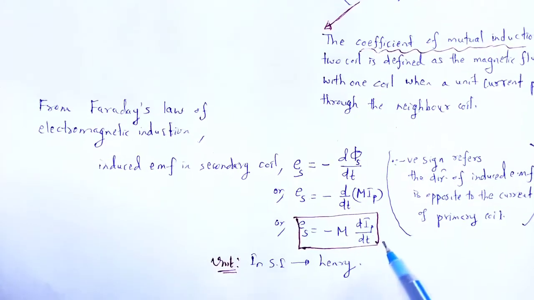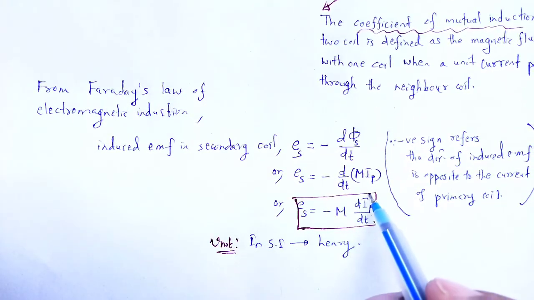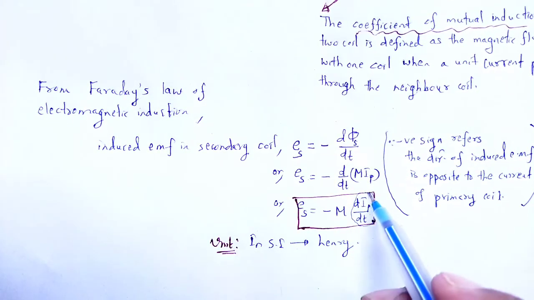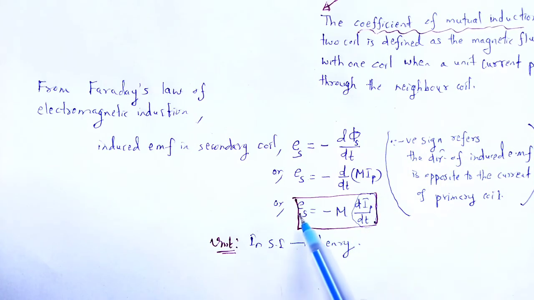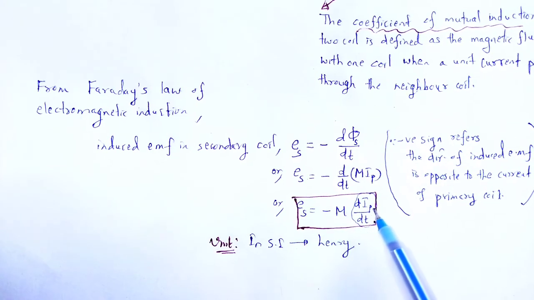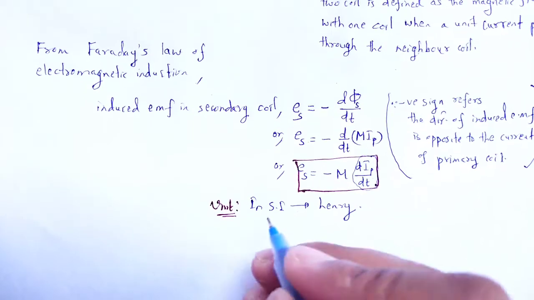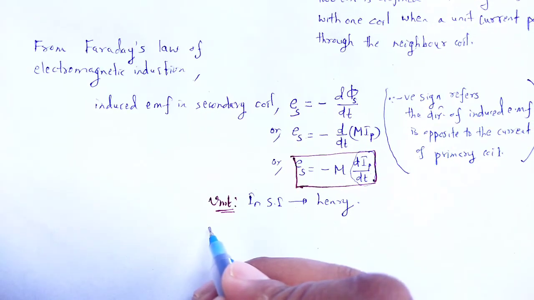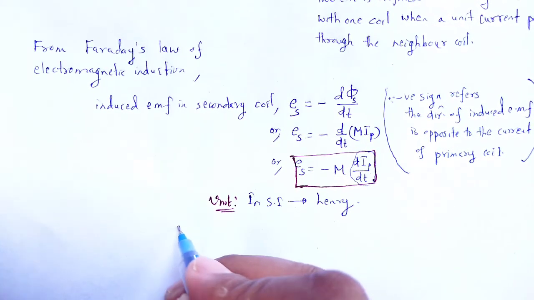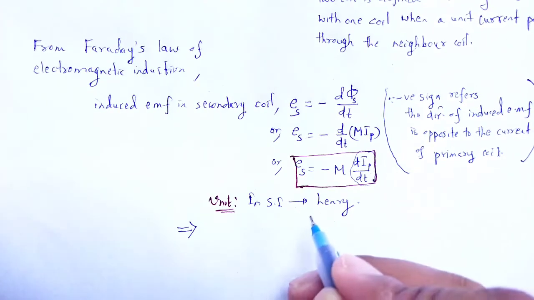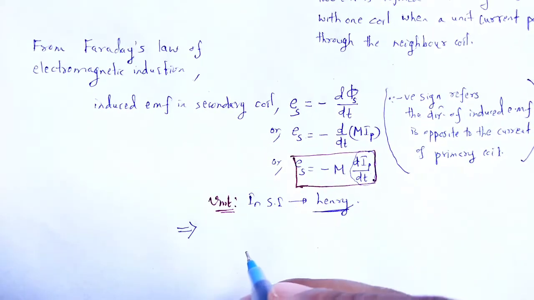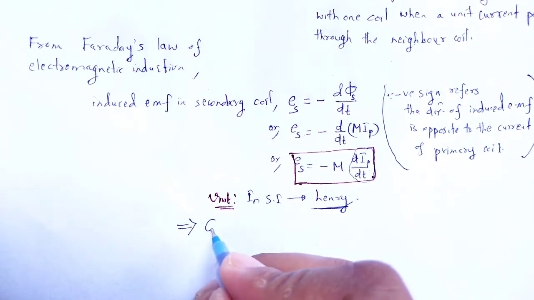Let me define 1 Henry. When d I p by dt is equal to 1, then E S is equal to minus M. In this way we define 1 Henry.